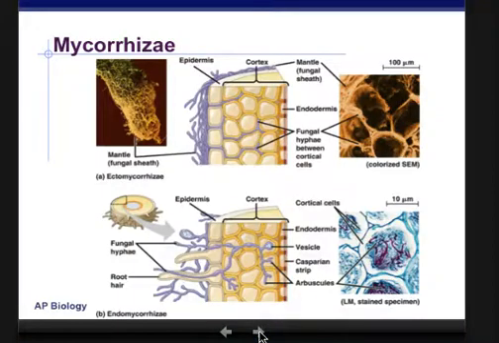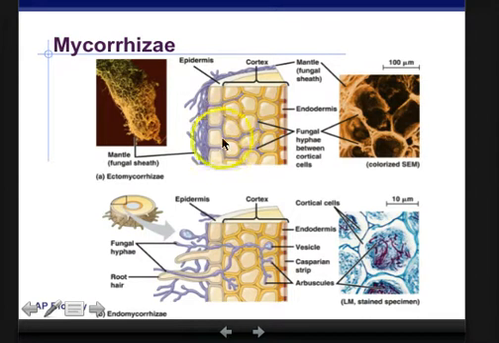All right, so here you can see the epidermis, the cortex, and the endodermis of the plant. And you can see the fungus, kind of the purple, that it's worked its way in pretty far, right? So it might be pretty far out of the plant and then works its way in a little bit.